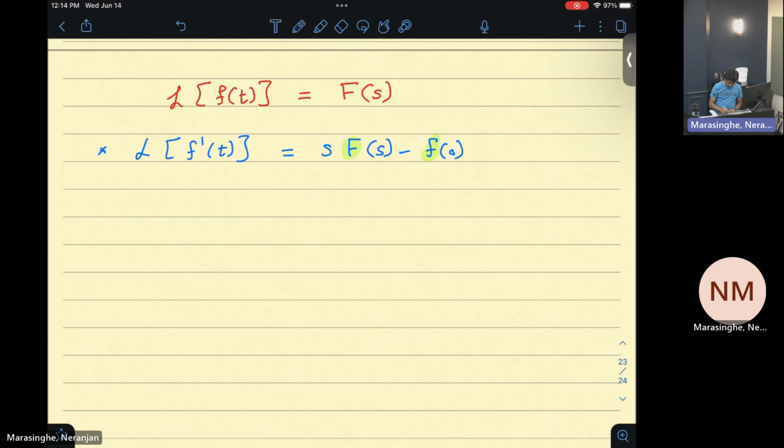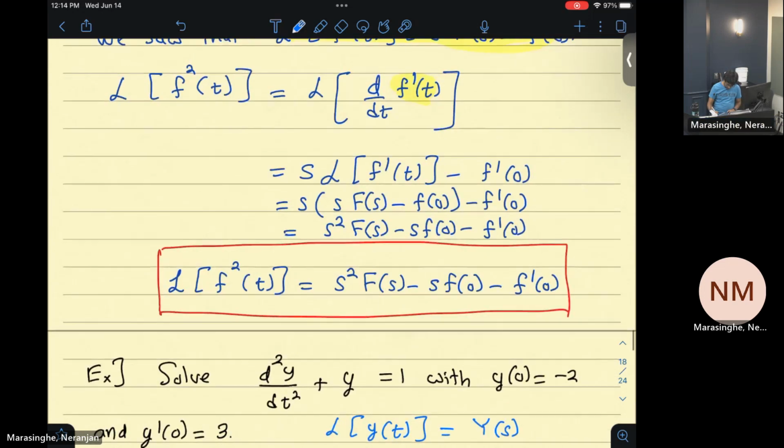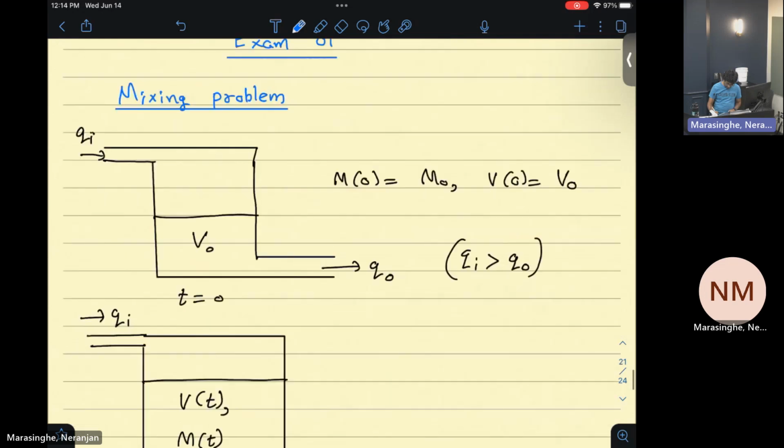Right. Then we discussed the fact that the Laplace transform of the second derivative is going to be equal to s squared F(s) minus s times f(0) minus f dash 0.